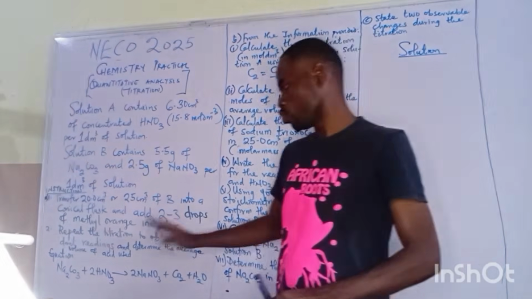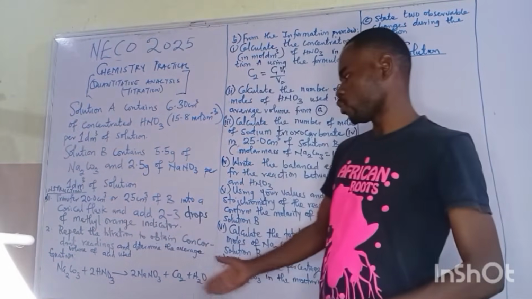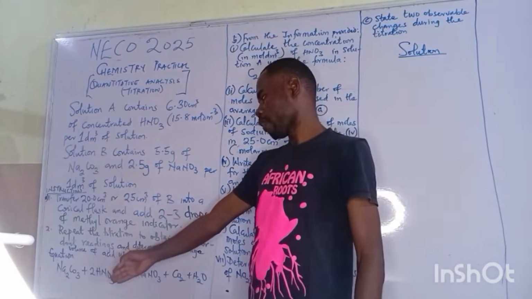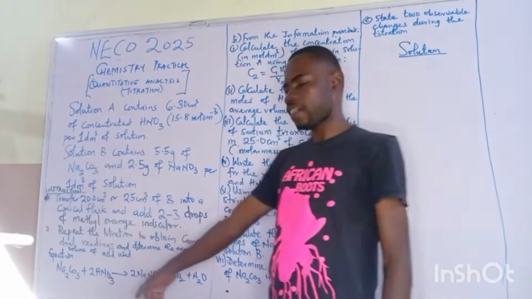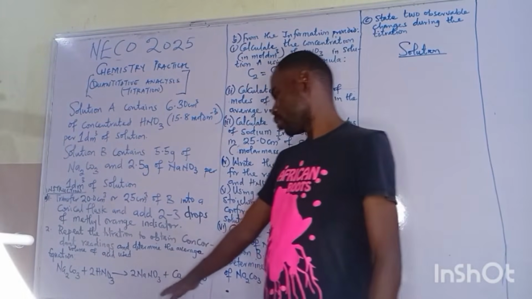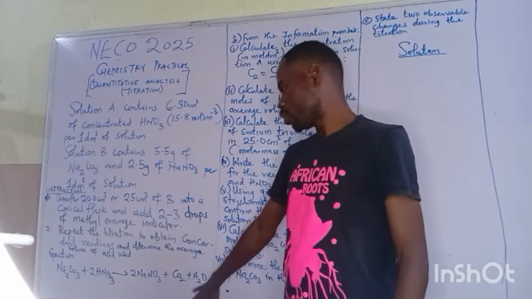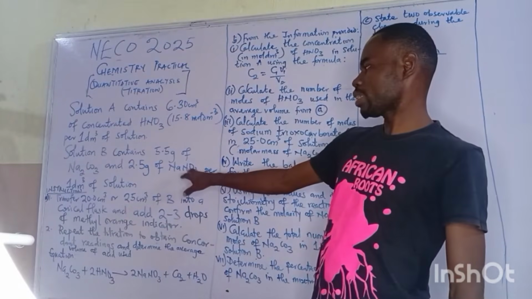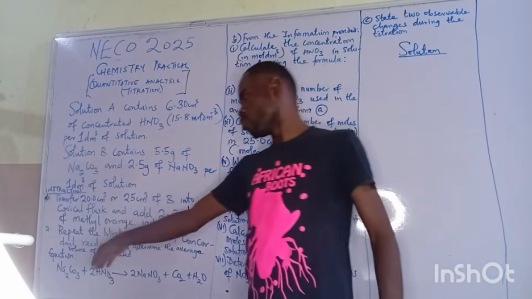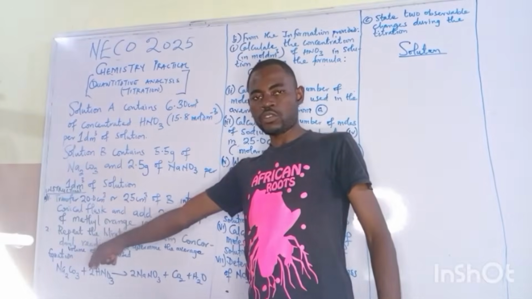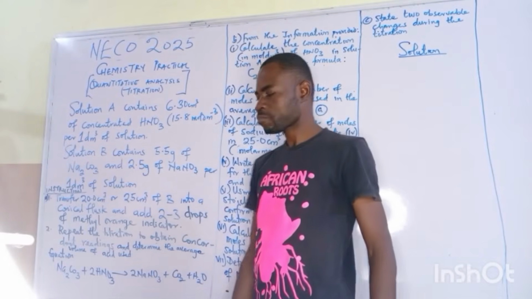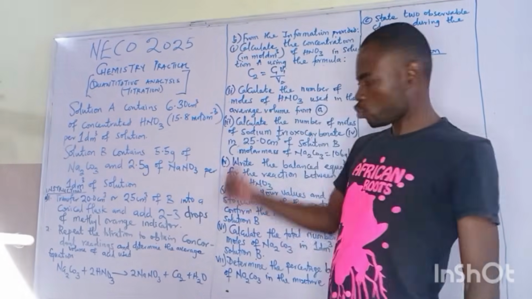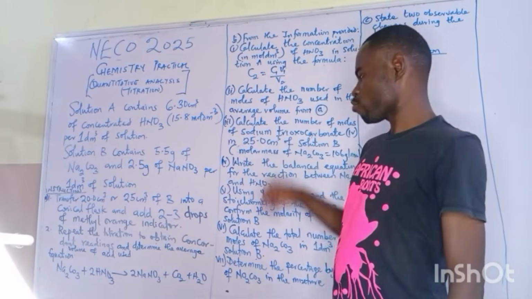But before we do that, they give us the equation: sodium carbonate plus nitric acid gives sodium nitrate, CO2 plus H2O. If you check very well, that particular NaNO3 is not visible in our reactant of sodium carbonate. The reason for that will be told in the question.